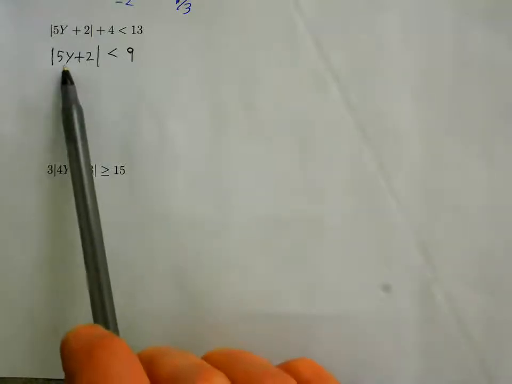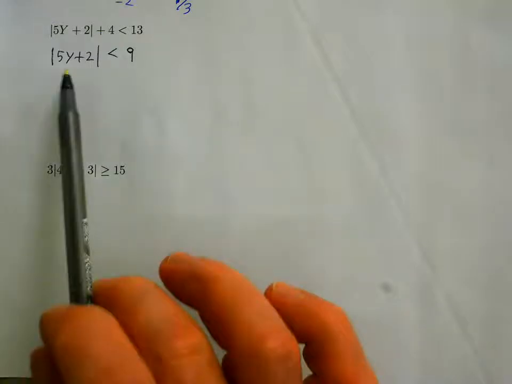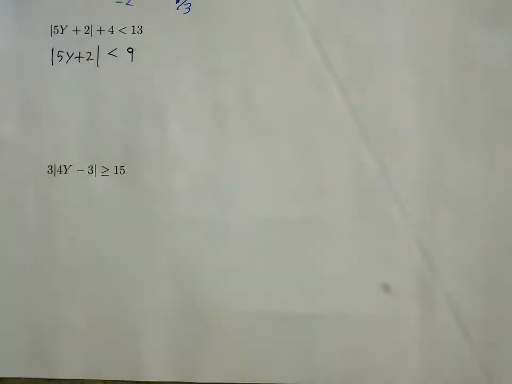Just think of 5y plus 2 as a number. If the absolute value of a number is less than 9, then the distance from 0 that number has to be less than 9. So it can't get very far away.